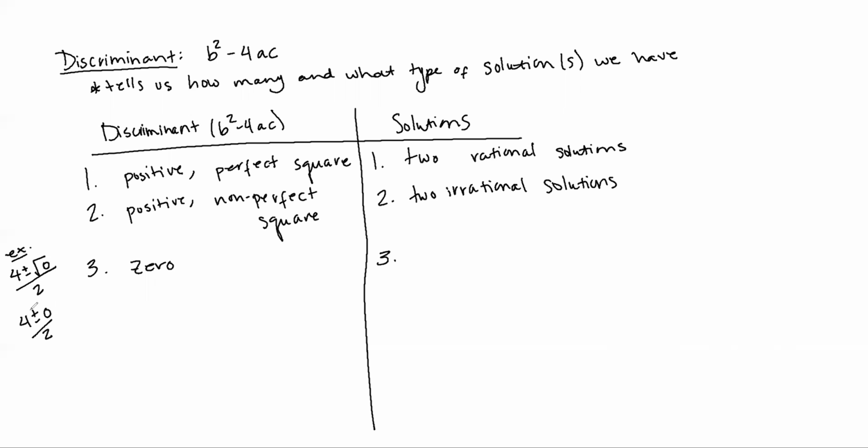But if we add 0 and subtract 0, we get the exact same number. So because we get the same number when we add or subtract 0, we really only have one solution here, 4 over 2. And it's still rational because we don't have the square root of a negative number or a non-perfect square. So we get one rational solution.